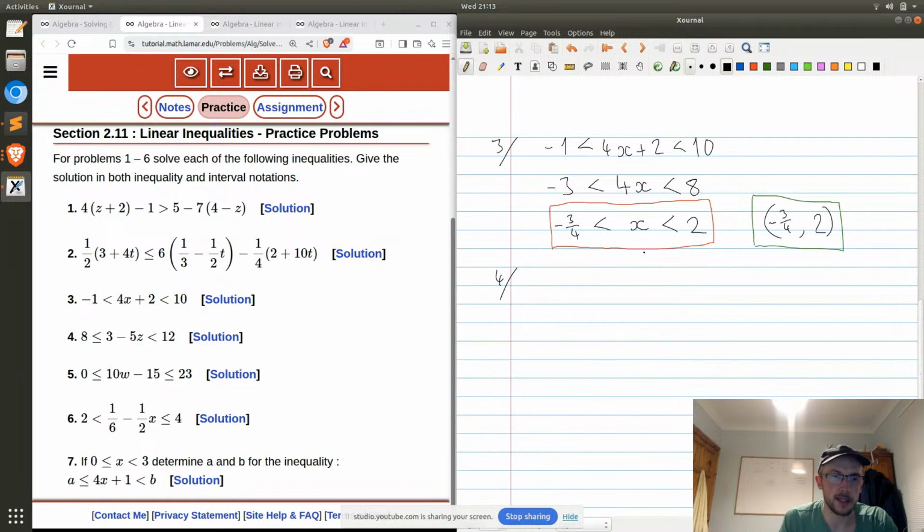We will check it once we've solved problem 4. So we're going to immediately start by subtracting 3 from the left and the middle and the right. So we're going to have 5 is less than or equal to negative 5z, which is less than 9.